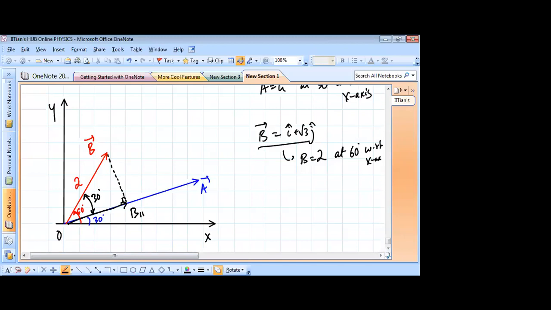So this is my B parallel, and perpendicular to A will be this one. So this will be my B perpendicular.